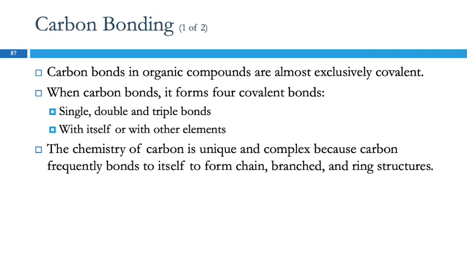They can form single, double, or triple bonds. They can bond with other carbon atoms or with other elements like hydrogen. And there are so many different organic compounds because carbon can make so many different complicated things.